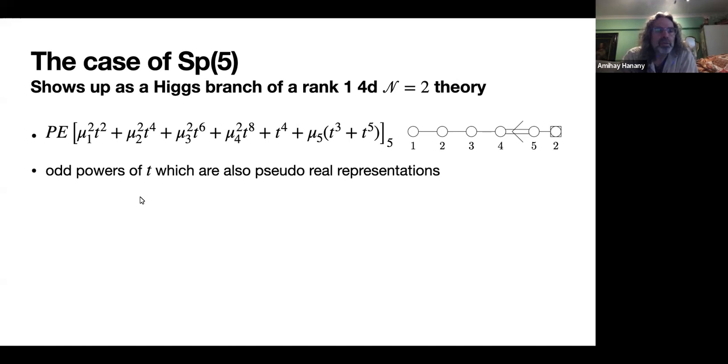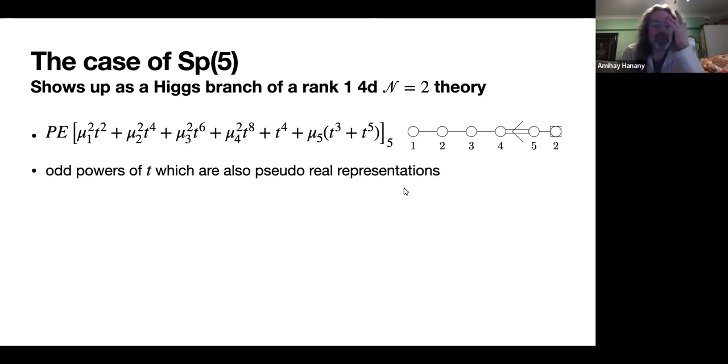And so we get an association of odd powers of t with pseudo-real representations of SP5. There is no additional enhancement because there are no longer contributions at order t squared. The only contribution at t squared comes from the adjoint, and so no additional enhancement. And that's the behavior of all of the members of the family for k greater than 0.